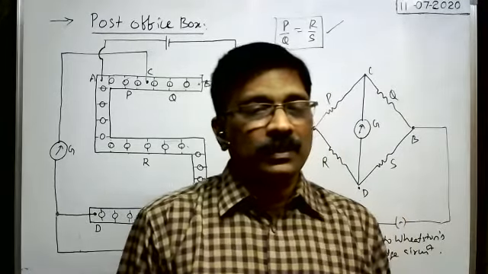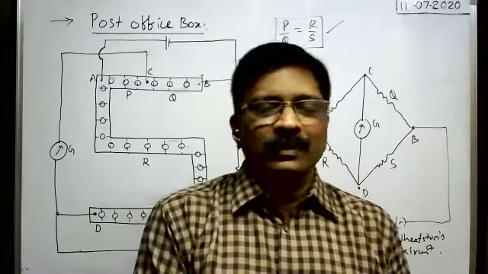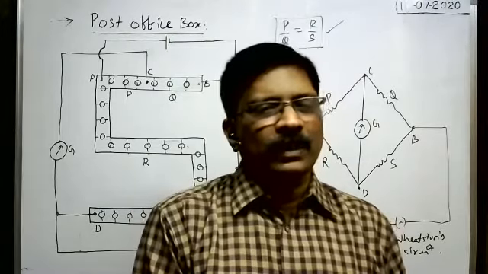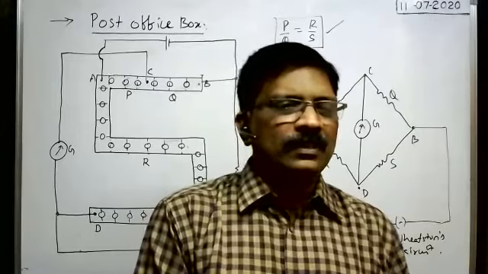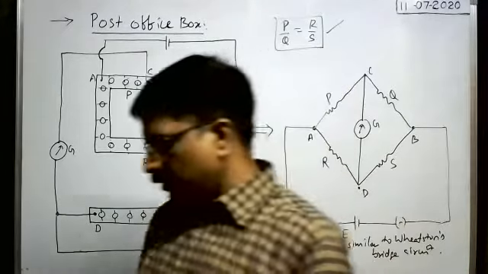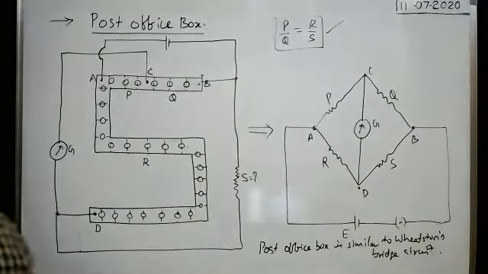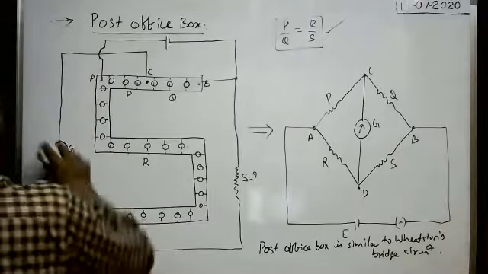The delta transformation method is useful, giving a simple solution for calculating the effective resistance of the unbalanced Wheatstone bridge. Okay, now we have to discuss the delta transformation method.